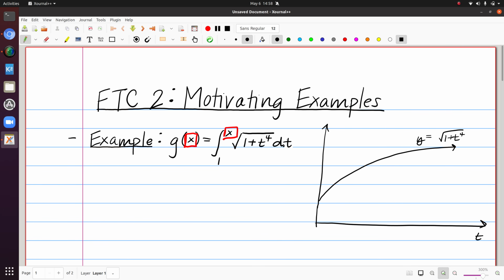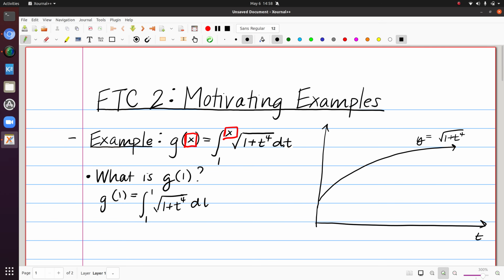You can imagine that, first of all, we can try to answer a few questions. What is g of 1? Well, according to the definition of this function, I replace my red boxes with 1, so we get the integral from 1 to 1 of the square root of 1 plus t to the fourth.